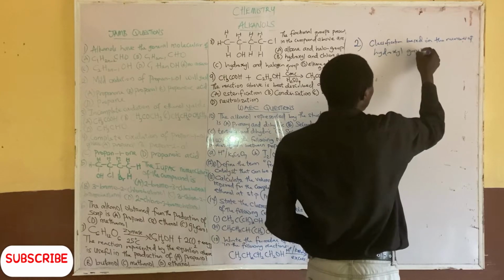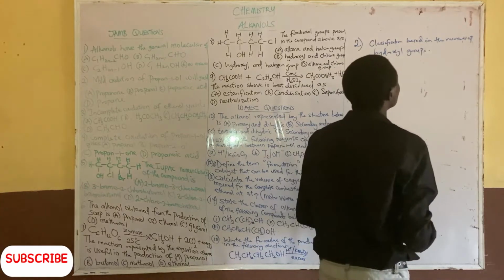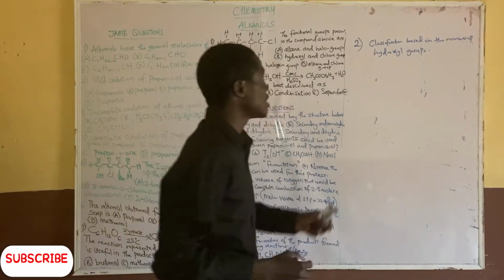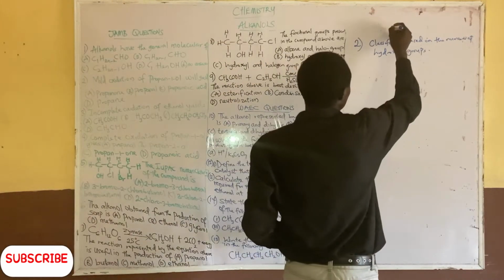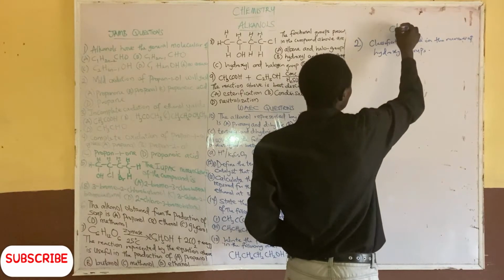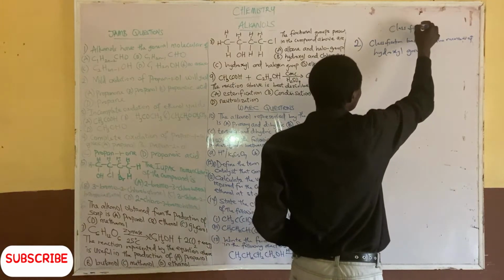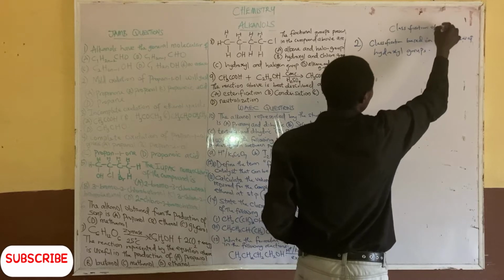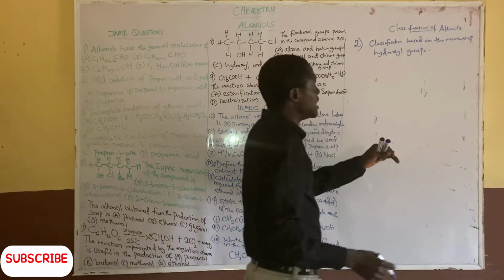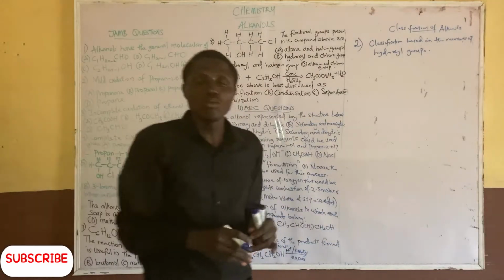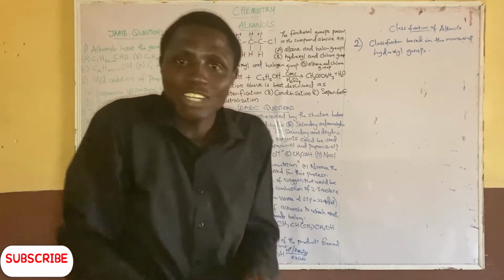We are talking about classification of alkanols. The number 2 classification is the classification based on the number of hydroxy groups contained in the alkanol.